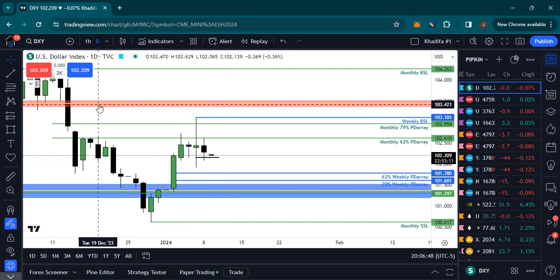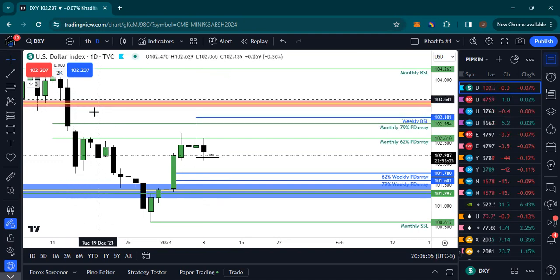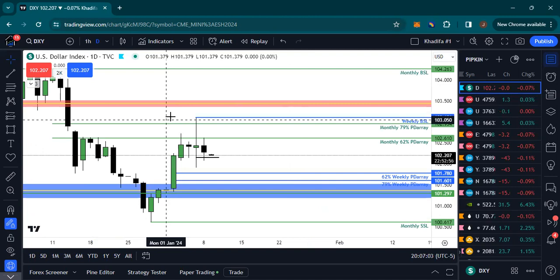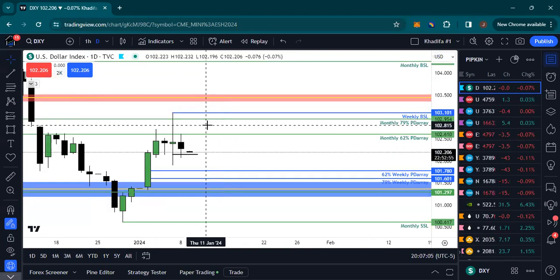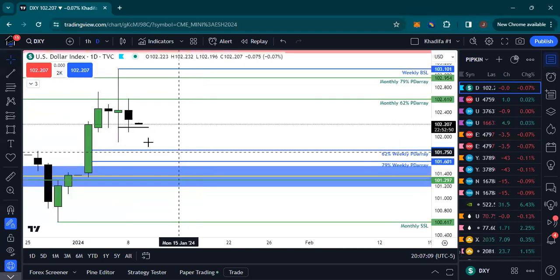And I wanted to see price drawn to this monthly volume imbalance that we see right here shaded in this pinkish red color. And as you can see, price was bearish today.